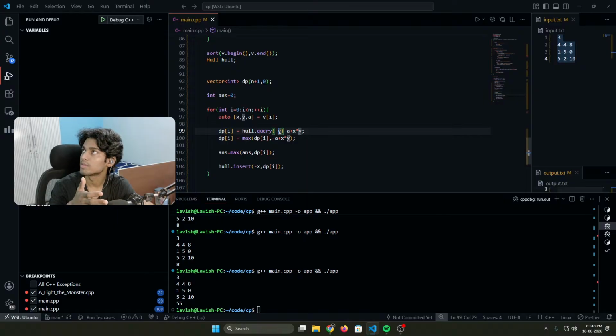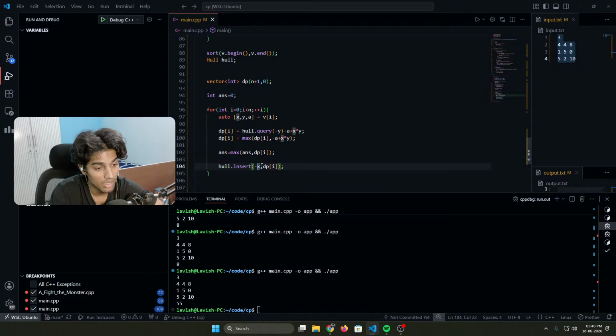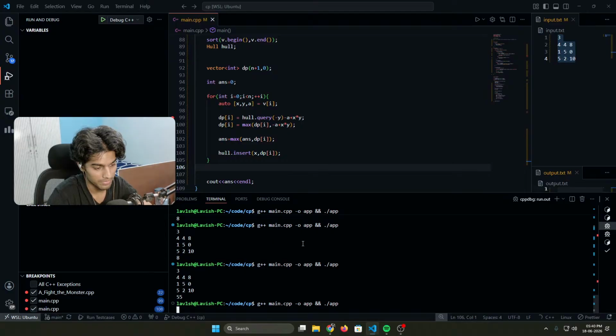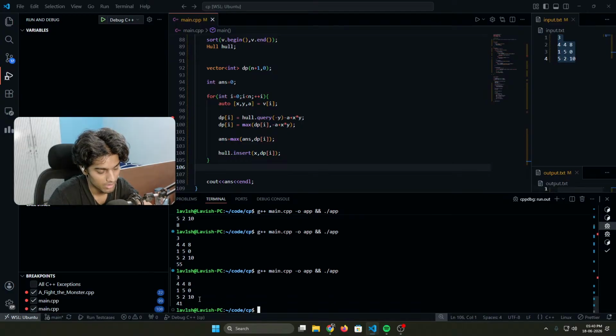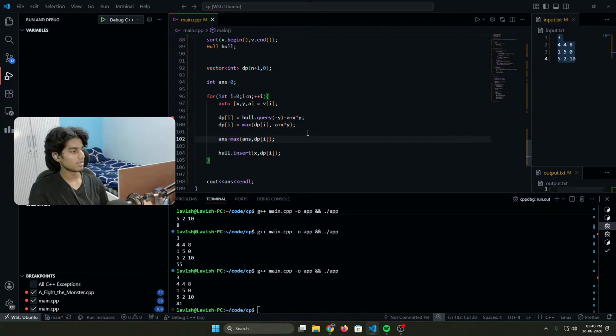Wait, y is a query parameter. Why did I choose x as a query? What? This is so stupid. Okay. But we still have wrong answer. Nothing has changed.